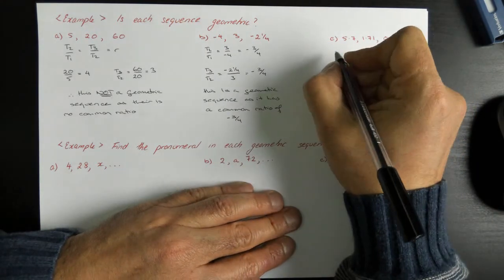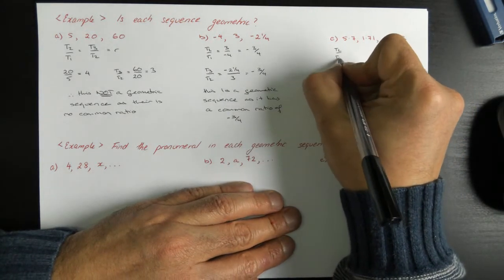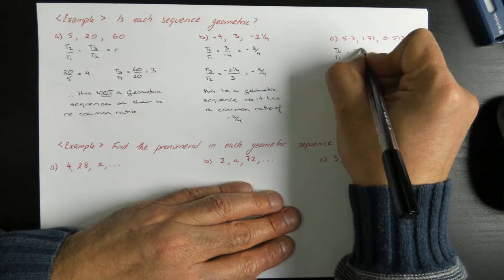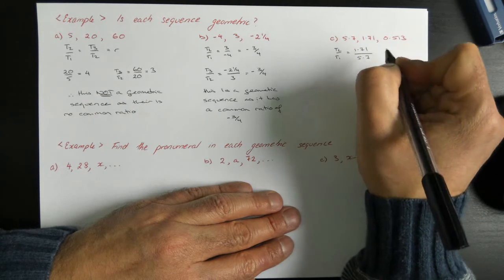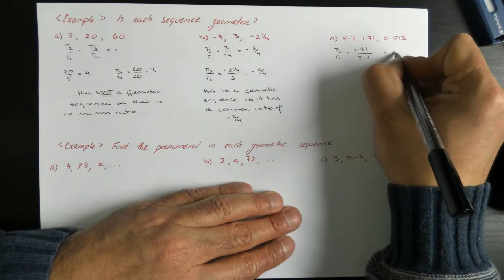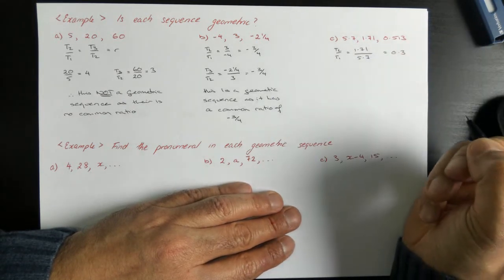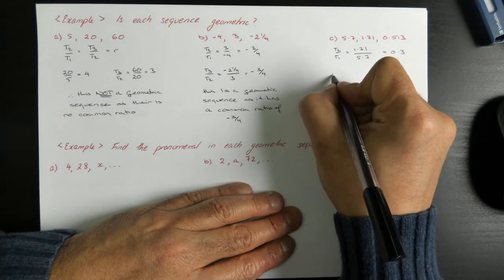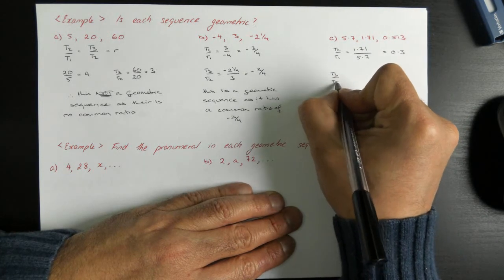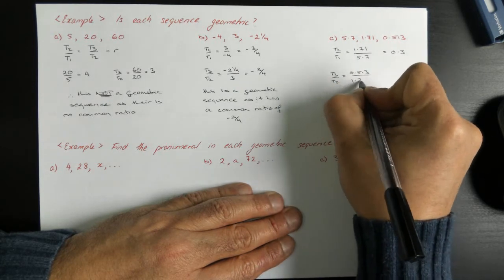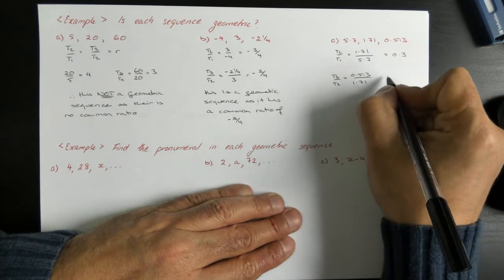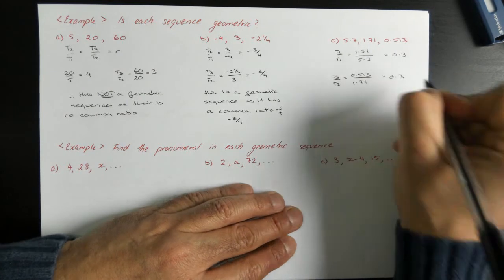Once again, let's do this one. So we've got T2 over T1. So 1.71 divided by 5.7. If you plug that into the calculator, you'll get 0.3, or 3 on 10. Right? So T3 divided by T2, 0.513 divided by 1.71. If you plug that in the calculator, you also get 0.3.